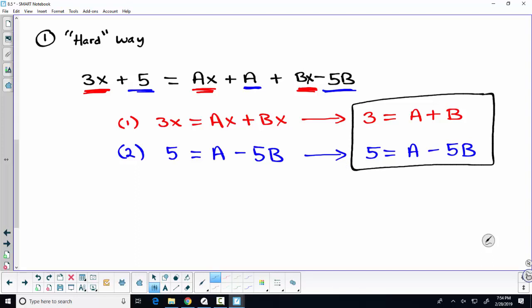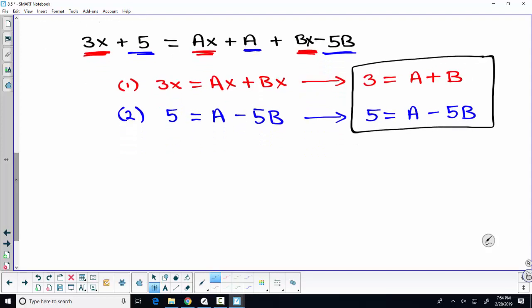We have two unknowns, we have two equations. So we can either substitute, we can eliminate, or if we put that in a matrix, you're eliminating. So you have two options, eliminate or substitution.